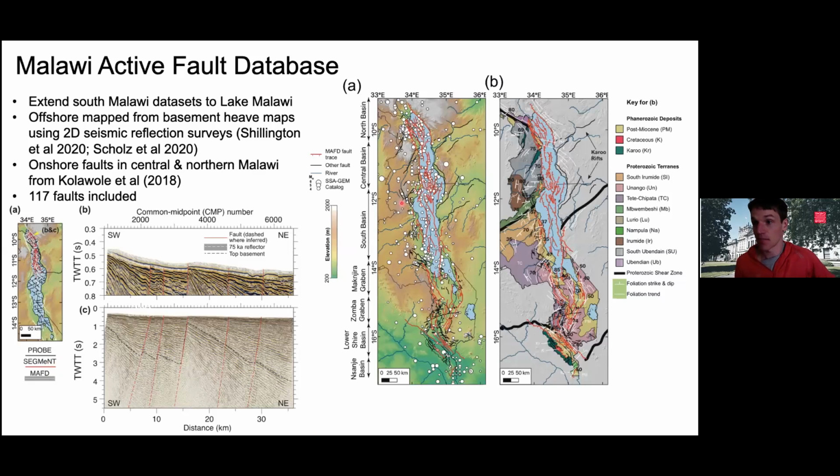This is giving us an idea of where all the active faults are in Malawi. It's giving us quite a large group of faults, and we can maybe start doing some analysis of this fault population to tell us about the fault network in Malawi, and maybe what it might tell us about other normal fault networks as well.